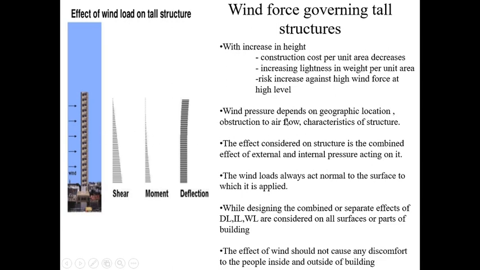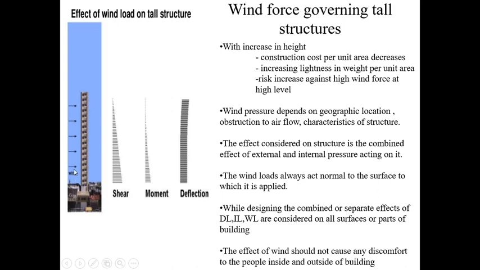Then next is the characteristic of the structure. That is nothing but the property of the structure, which material is used, what are the properties we define. So all that comes under the characteristic of the structure. Then when we consider the effect of this wind, it should be taken as the combined effect. So combined means the external pressure which is acting on the surface as well as the internal pressure created.